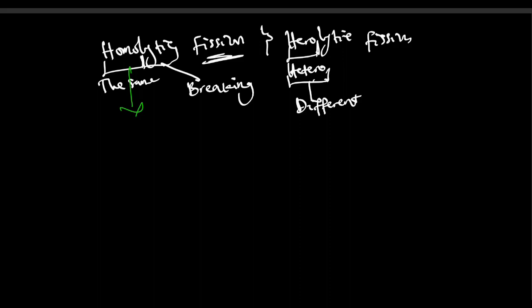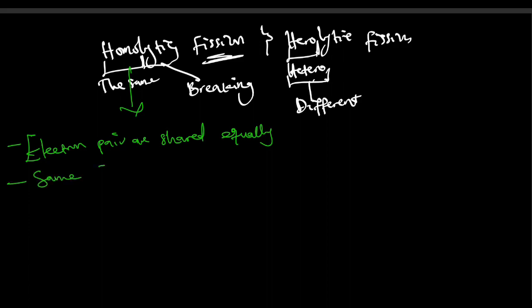Homolytic fission takes place between atoms of similar electronegativity. This is fission in which the electron pair is shared equally between the two atoms sharing the bond. So the electron pair is shared equally in homolytic fission.